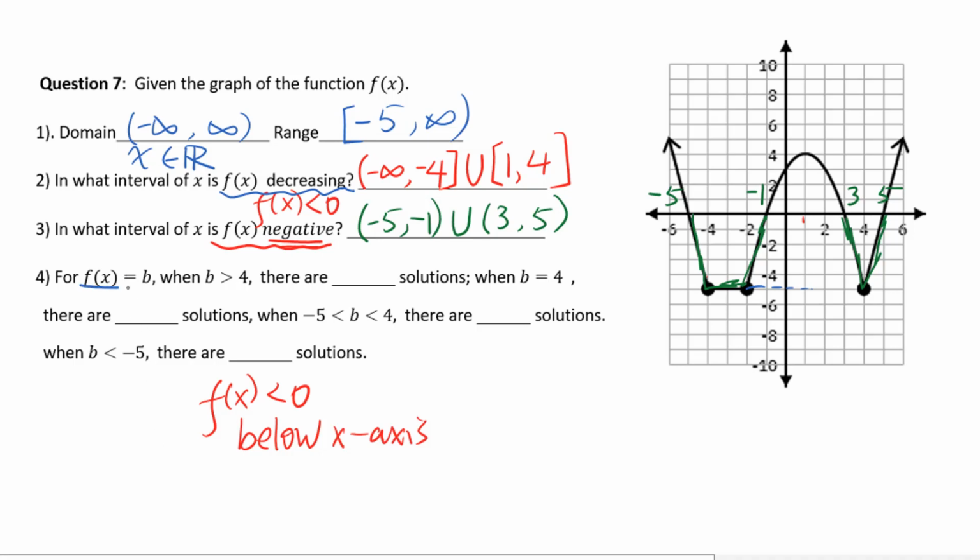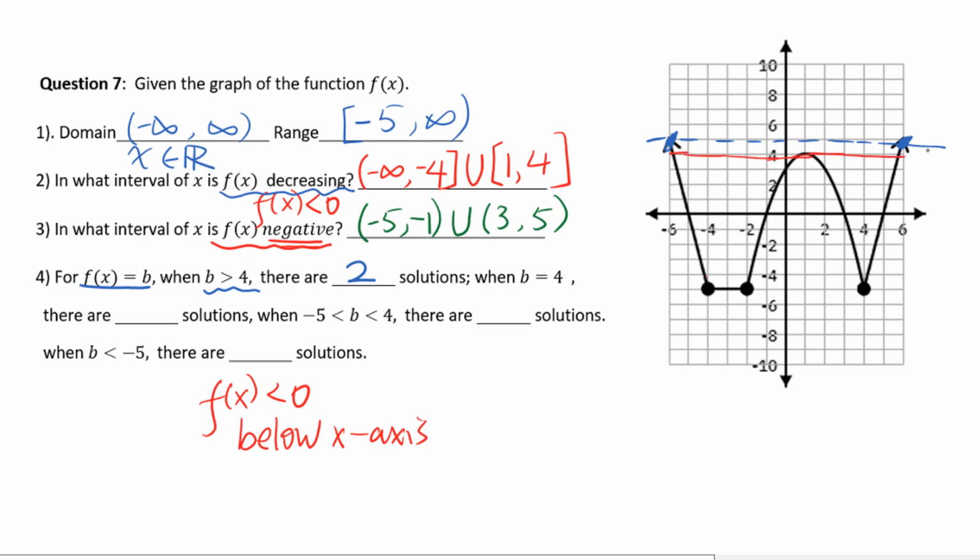Let's go to number 4. For f of x equals b, when b greater than 4, there are how many solutions? Let's draw a line y equals 5. It's here. You could see you have two intersections, which means there are two solutions. When b equals 4, so I will draw a line like this.